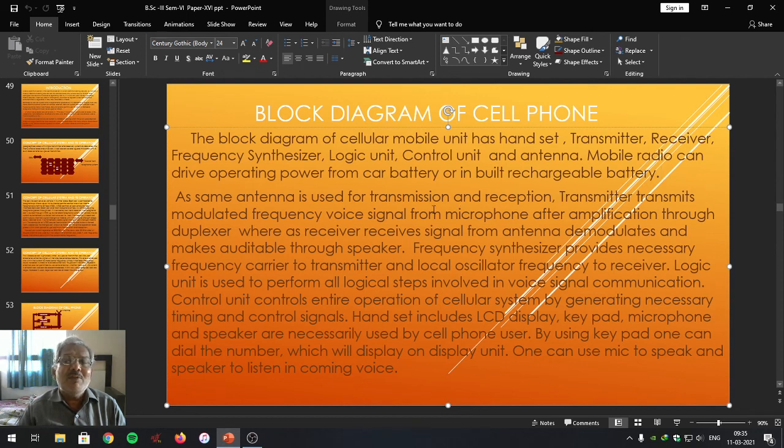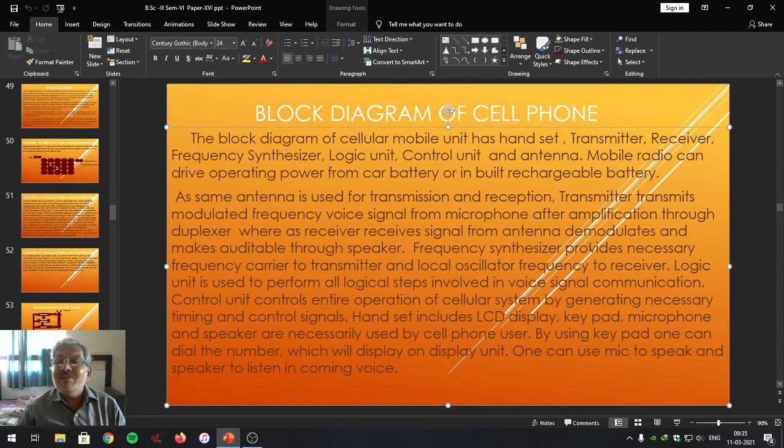Transmitter transmits the modulated frequency voice signal from microphone after amplification through duplexer, whereas the receiver receives the signal from antenna, demodulates and makes audible through the speaker.